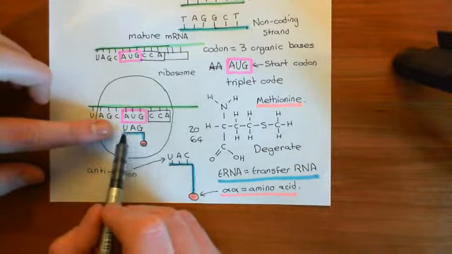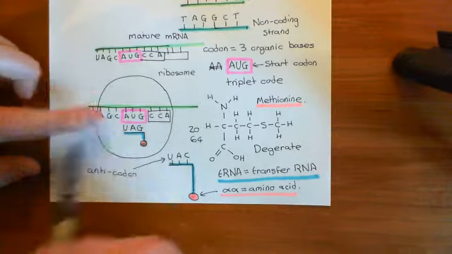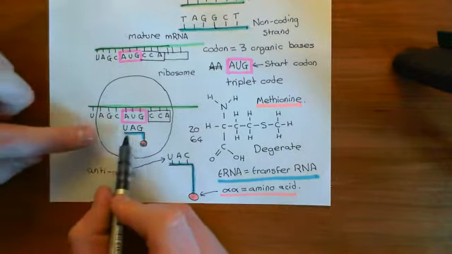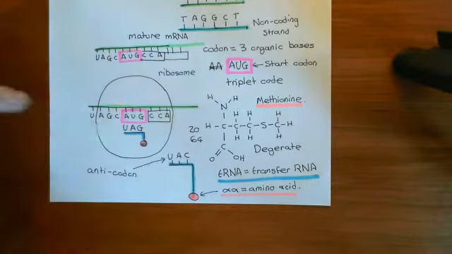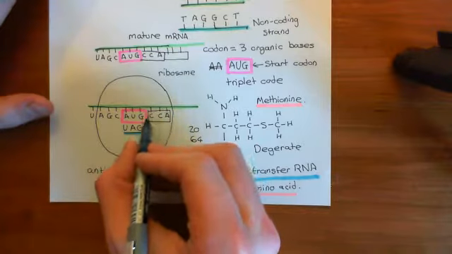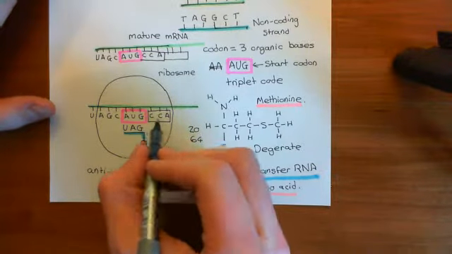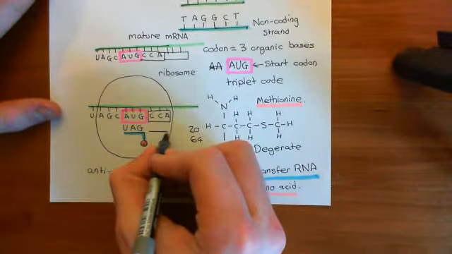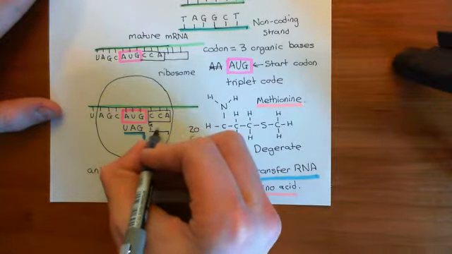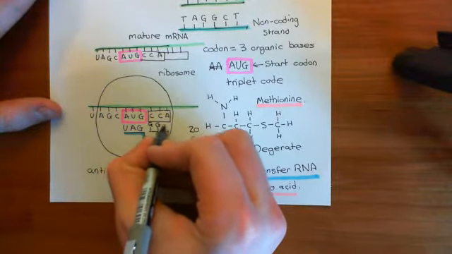Okay, right. So, continuing on the story then, we started with our start codon and we brought in a tRNA which has this complementary anticodon to the start codon AUG, which will always then have attached to the tRNA a methionine amino acid. Okay, then you'll move on to this next codon here, CCA. You'll bring in a tRNA which will have the complementary anticodon here, which will be GGU.